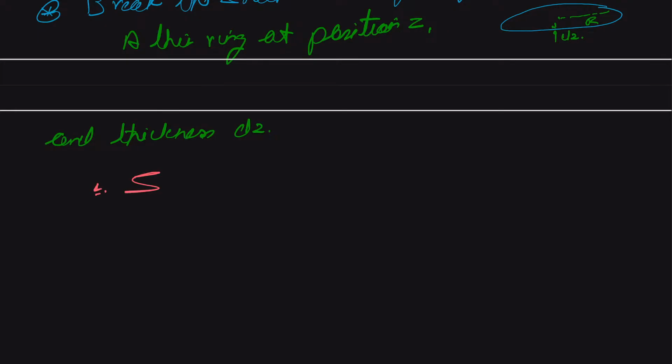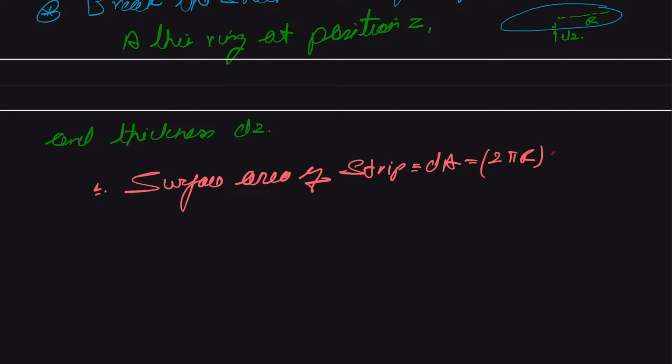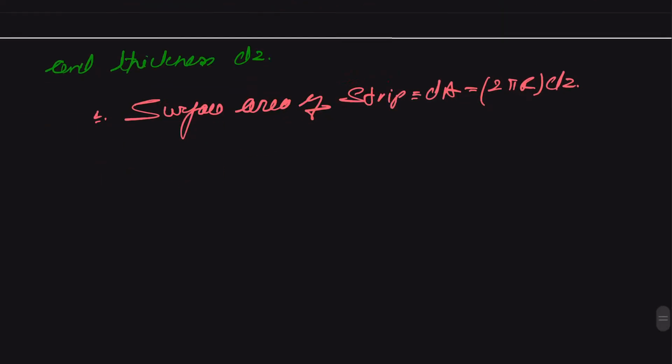So we can say the surface area of the strip, let us call this dA, will be equal to 2 pi r times dz. From here we can find out the charge on the ring.